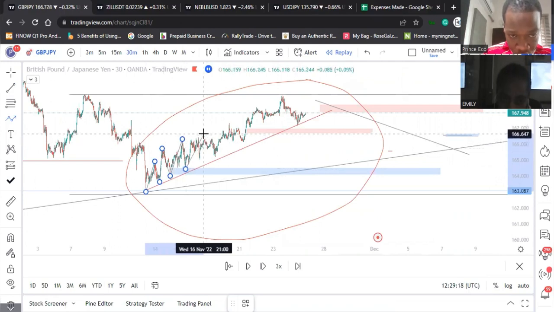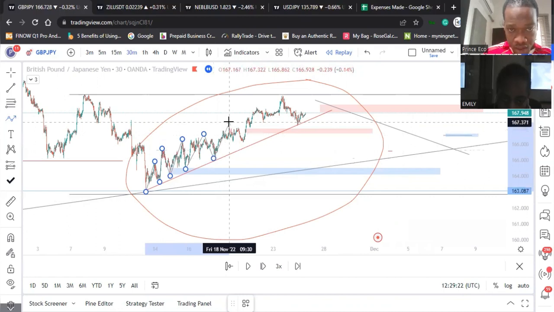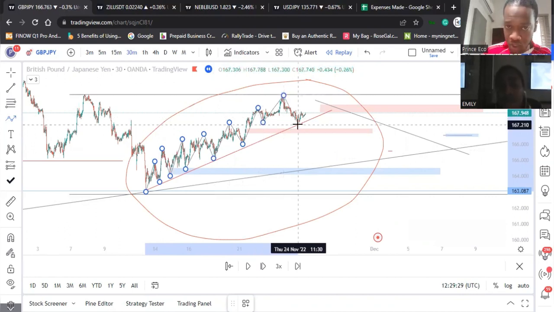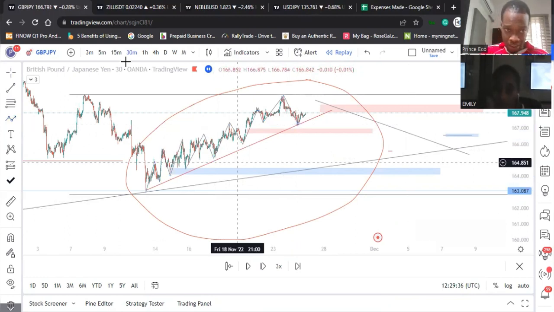And equal high, higher low, higher high, higher low, higher high, higher low, higher high, equal low. Now, this equal low, like I said, this is the internal structure.